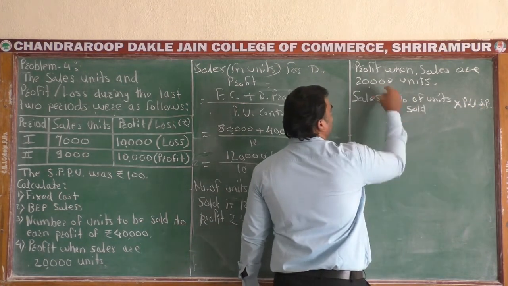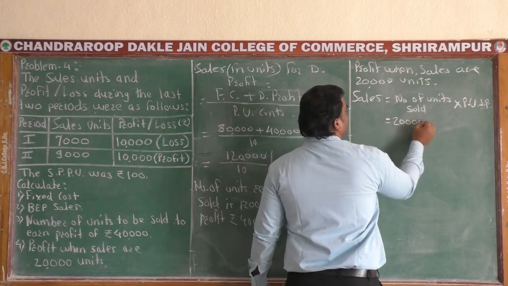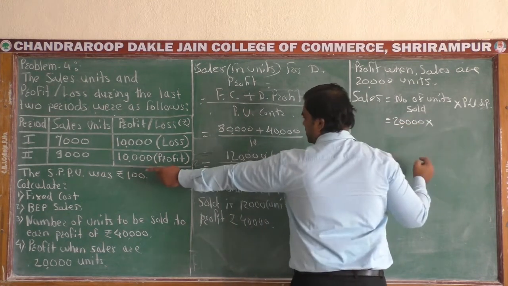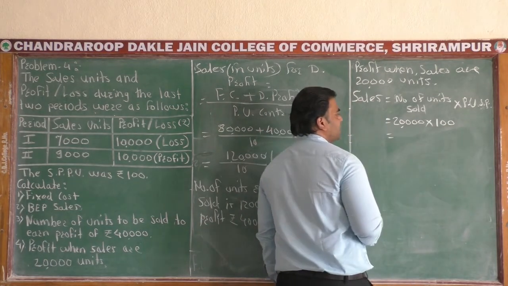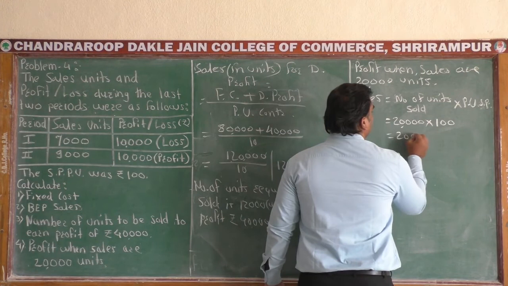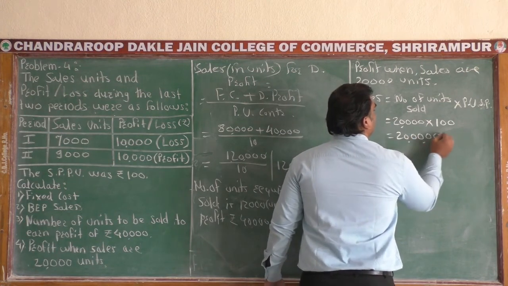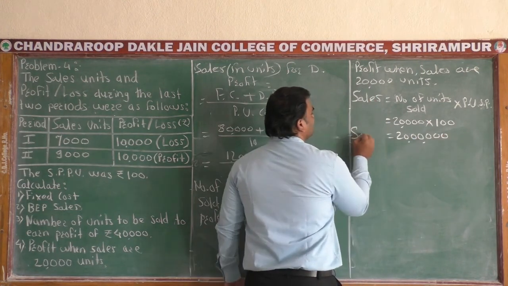So number of units sold 20,000 into per unit selling price 100. So 20,000 into 100 is equal to 20 lakh. 20 lakh is the amount of sales.